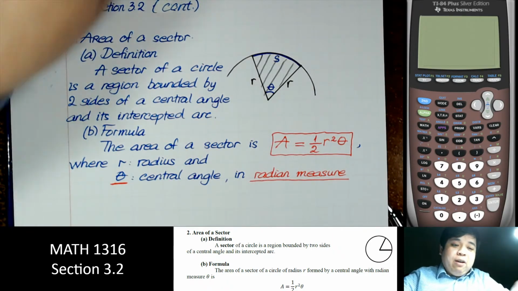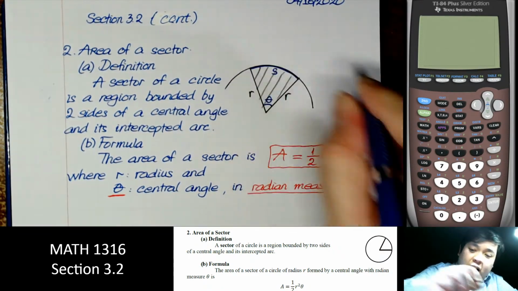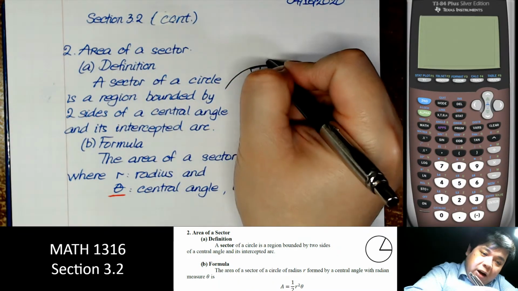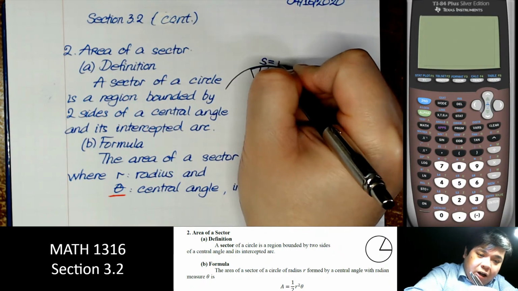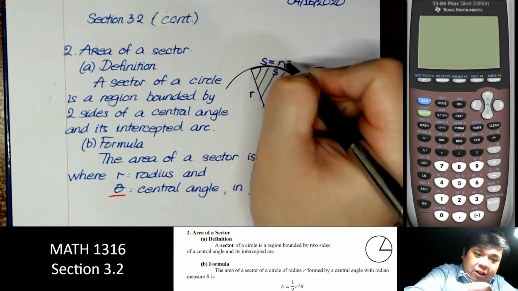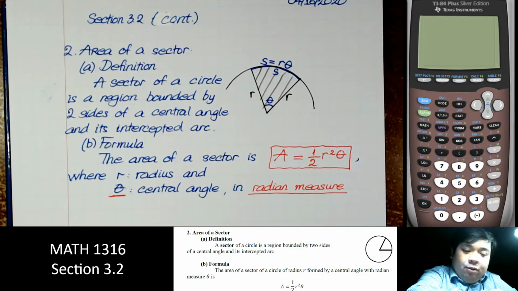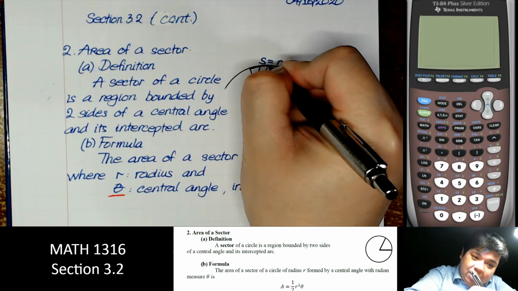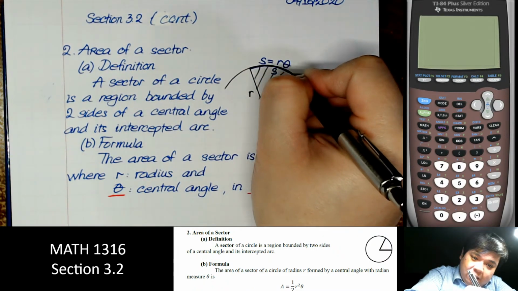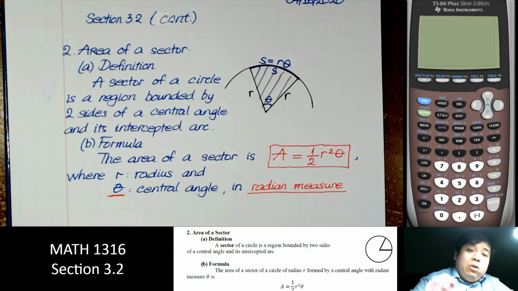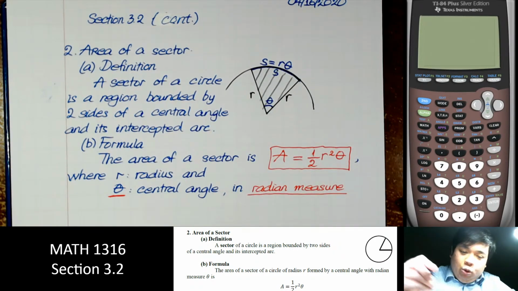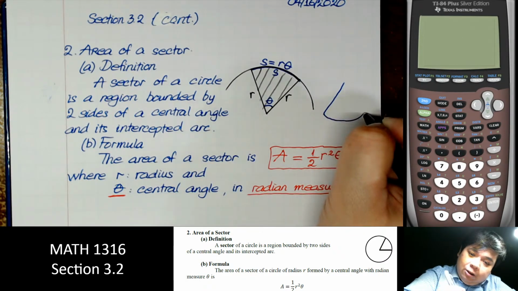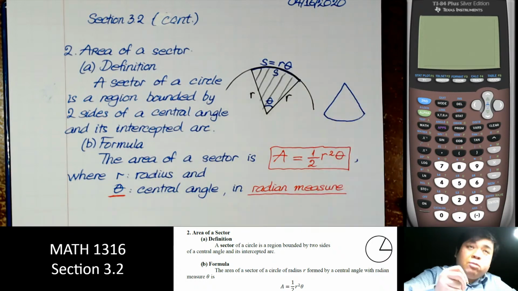Now, from the previous part of the section, the arc length is given by r times theta. Instead of drawing the arc like that, I will draw it like this.